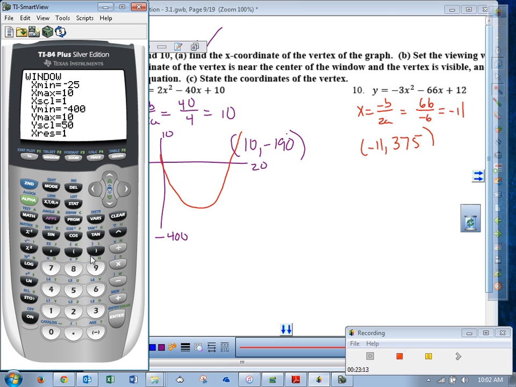That would be doubled. Since it opens down, I want my y max to be 750. And then this can just go down to whatever, negative 100. There's no real parameters on the other one. You just want to double these numbers to find whichever one you need, the max or the min. Hit graph and see if it looks good.